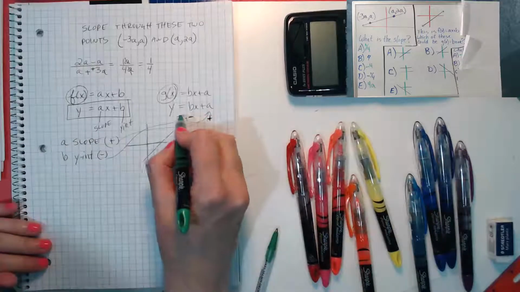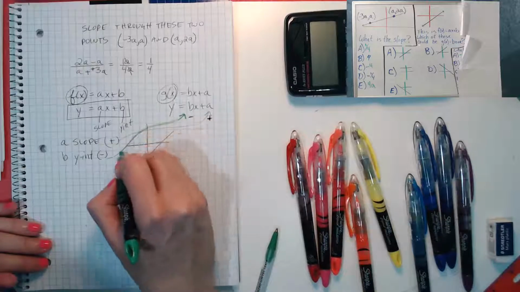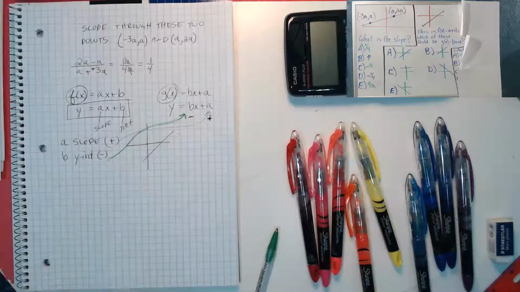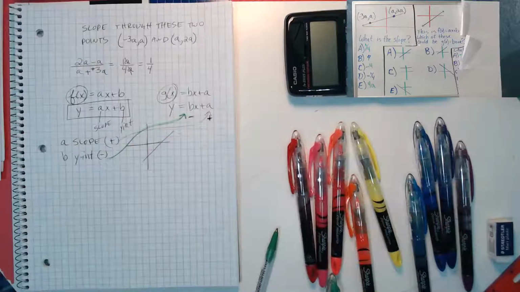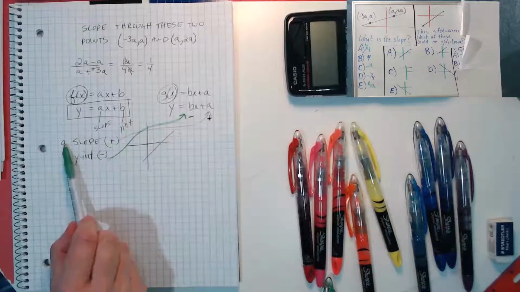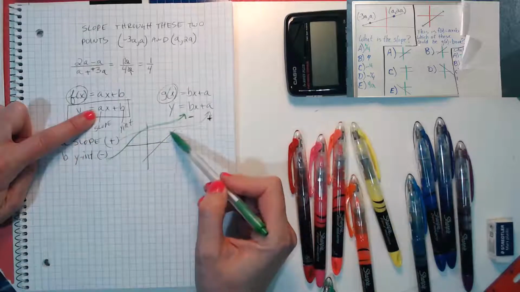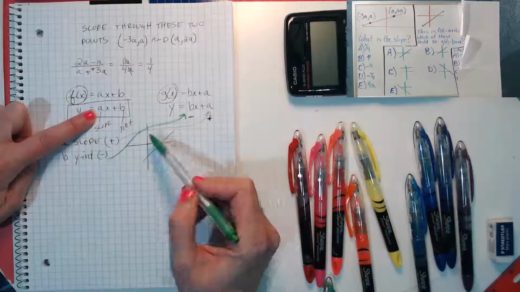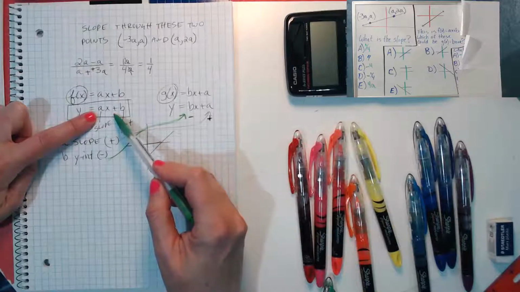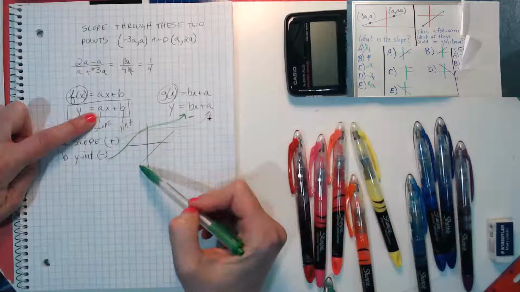Okay. Wait, isn't it reversed in order because the b is slope and the slope is positive, and then the a is the y-intercept, which would be negative? Nope. So this slope right here is positive. Oh, we're doing the other way. Okay. We're not doing it there. All right. Never mind. Okay, so this slope is positive.